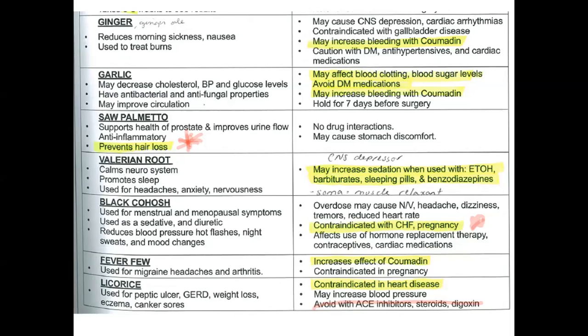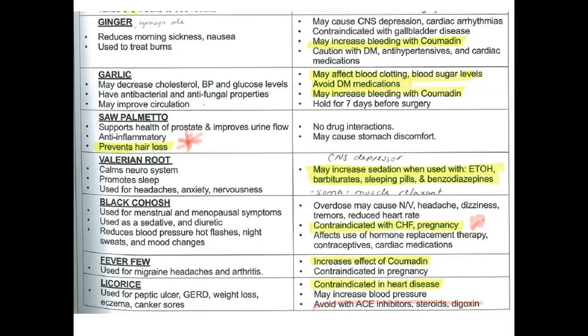If I ask which herbal we can use for insomnia or sleep disorder, it is valerian root because they promote sleep, right? If I ask which herbal we use for arthritis, feverfew, right?